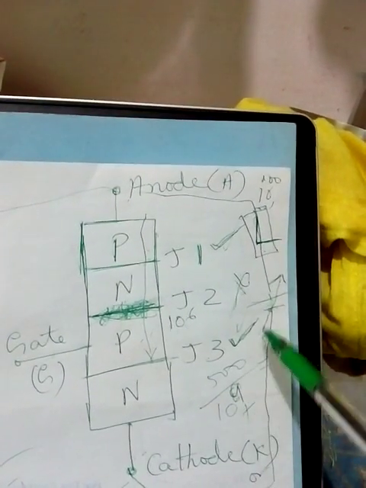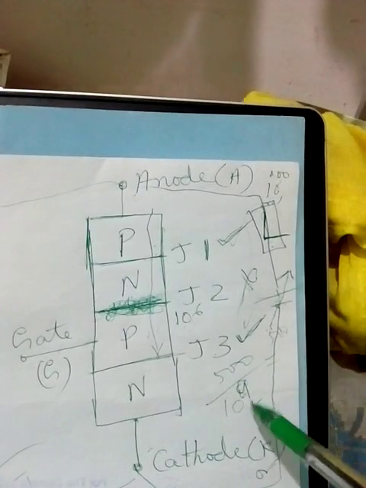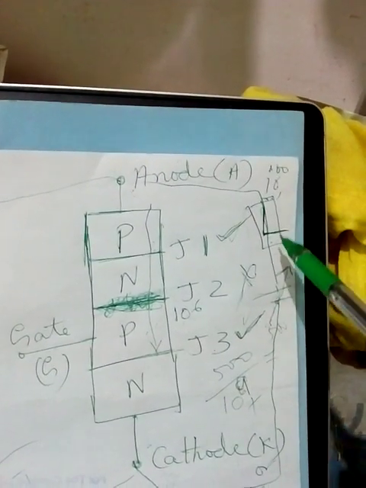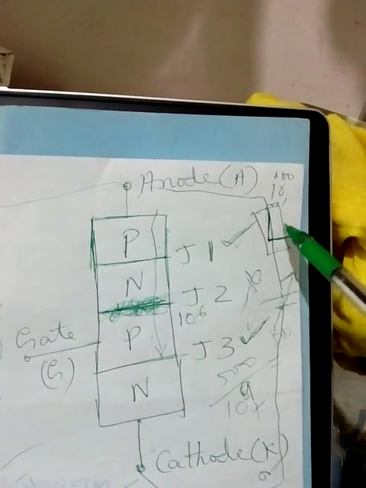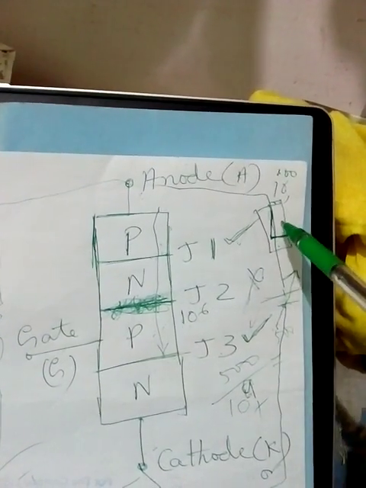So very small current, say around 500 microamperes. So voltage here will be V is equal to I into R, 500 microamperes into 100 ohms.